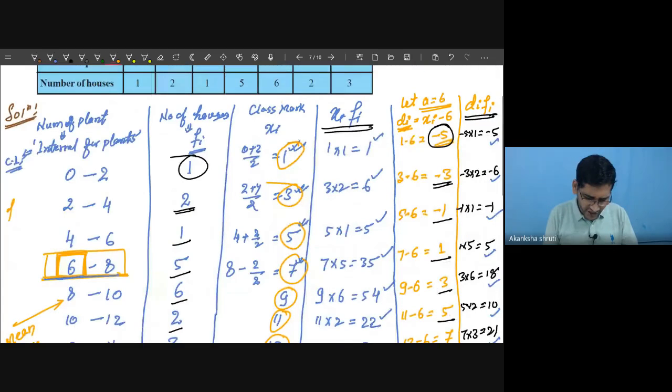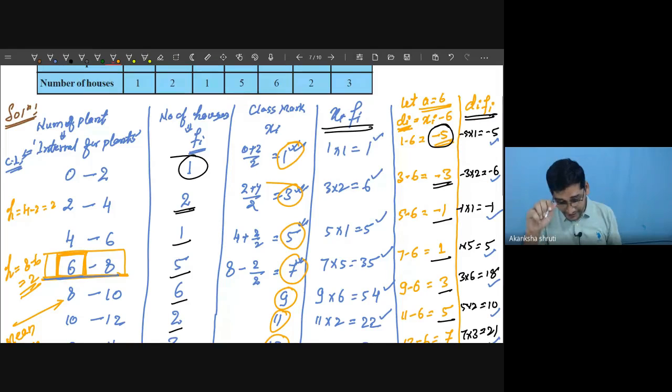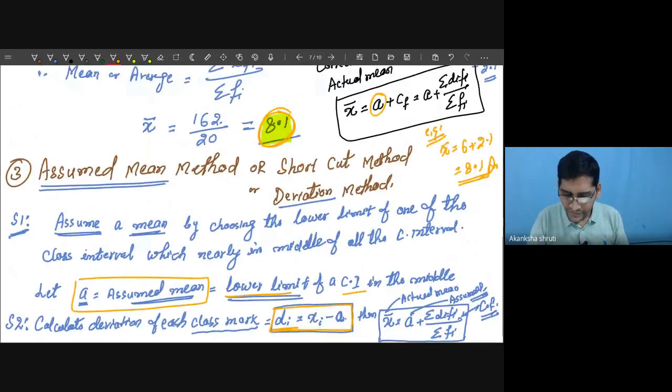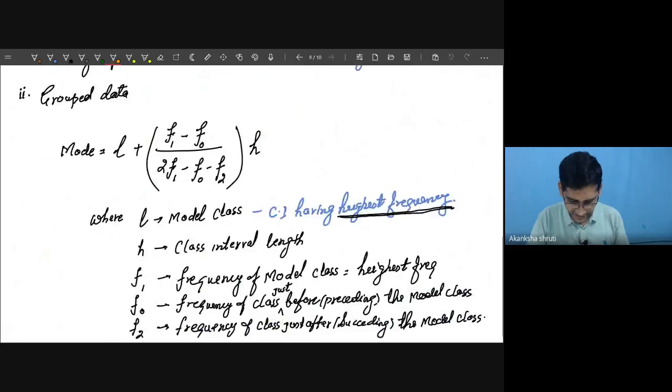So here H is 4 minus 2, which is 2. Or anywhere you can calculate, 8 minus 6, the same 2. In the step deviation method, this di is divided by this h, and that is denoted by ui. Let me explain that one also, then we will go for the next method.